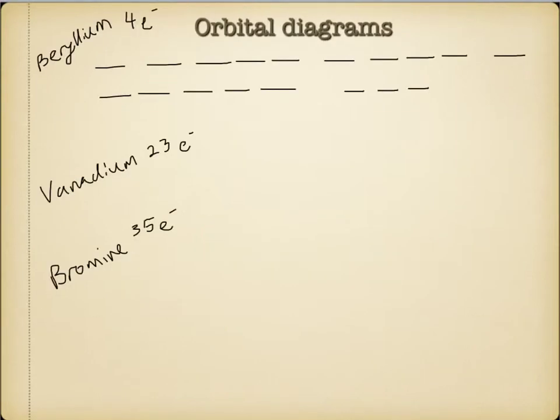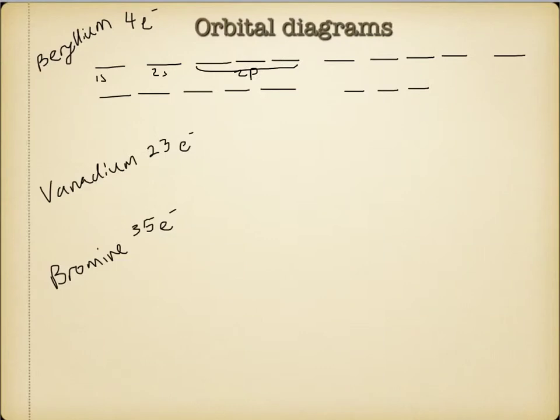Okay, so for orbital diagrams, this is what we're getting into that I feel like a few people may be struggling with. So let's look at a couple of these really quickly. Beryllium has 4 electrons. If you think about this, this would be 1s, this would be 2s, these ones together would be 2p, and so on and so forth.